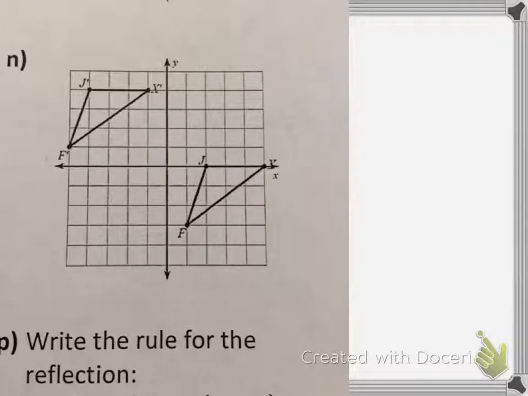All right, next problem. This one right here, what did we do? It looks like a slide. So how do we get from J to J prime? How far over? How far up did we move? Well, we moved over 1, 2, 3, 4, 5, 6. So 6 to the left.